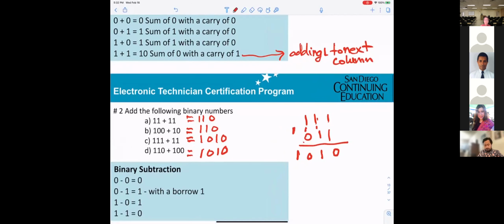Any questions about adding binary numbers? If not, go to the next one.